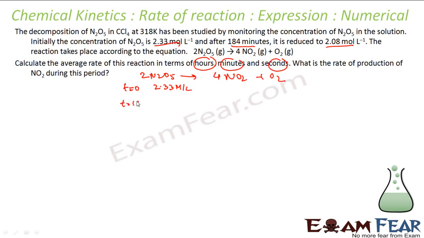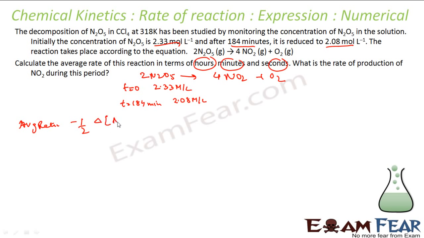At T is equal to 184 minutes, my concentration is 2.08 moles per liter. Correct? So if you see the average rate, since the change in concentration of N2O5 is given, I can write it as nothing but minus 1 by 2. Why minus? Because it is a reactant. Why 1 by 2? Because 2 is the coefficient.